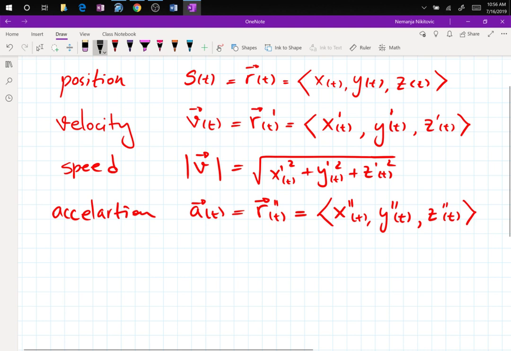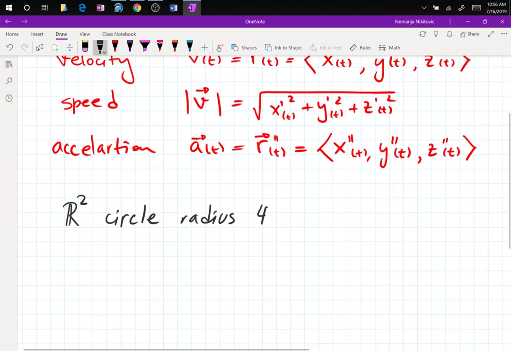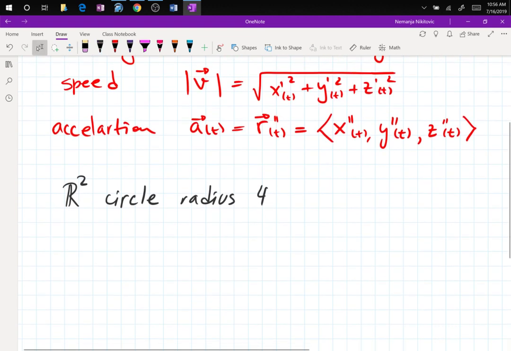So if you take the R2 case, circle, radius, let's say 4, whatever, you will have immediately parametrization for that as r equals 4 cosine t, 4 sine t. So in R2, a circle of radius 4 is given by this.